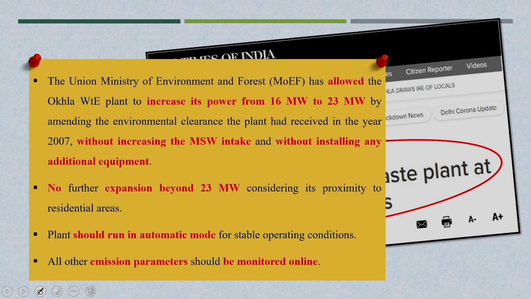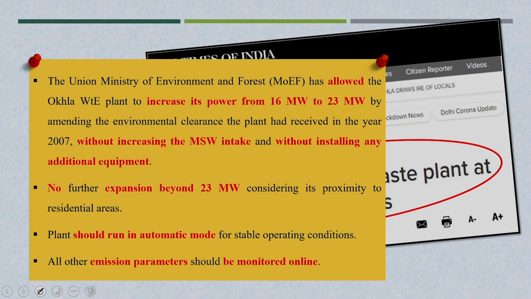So, the MoEF has allowed the Okhla plant to increase its power from 16 megawatt to 23 megawatt by amending the environment clearance the plant received in the year 2007, without increasing the MSW intake and without installing any additional equipment, and with no further expansion beyond 23 megawatt considering its proximity to residential areas. The plant should run in automatic mode for stable operating conditions, and all other emission parameters should be monitored online.